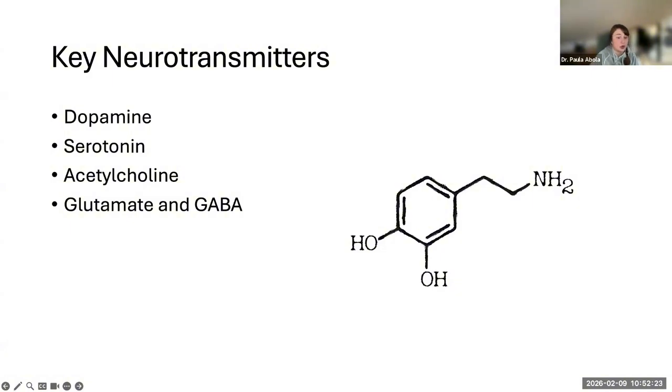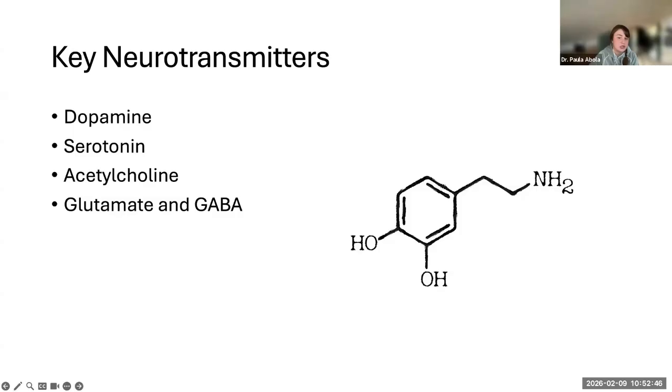There's also acetylcholine, which in contrast is especially critical for memory and attention. So it supports learning, sustained focus, and the encoding of new information. So actually everything that you need today and in my classes, particularly in cortical and hippocampal networks.